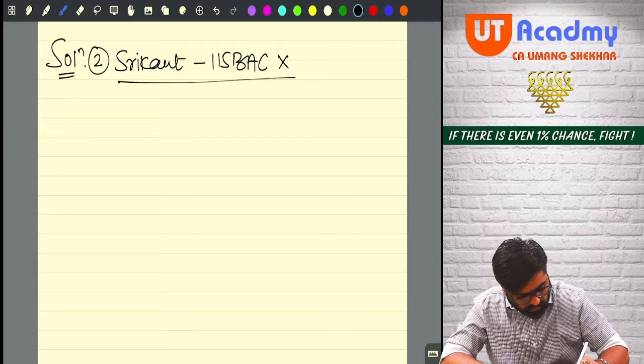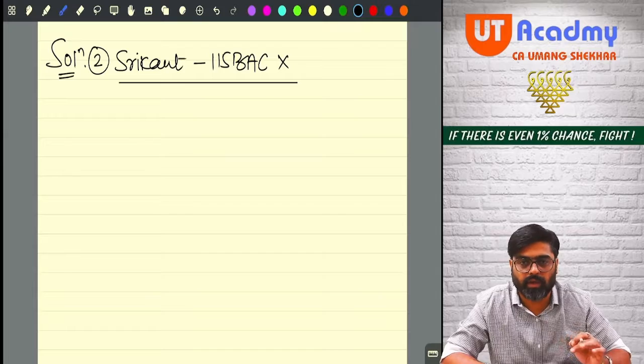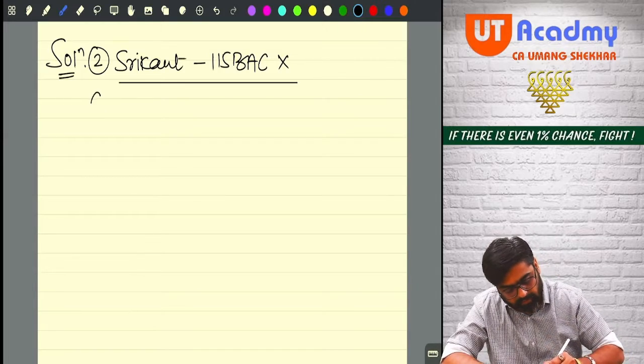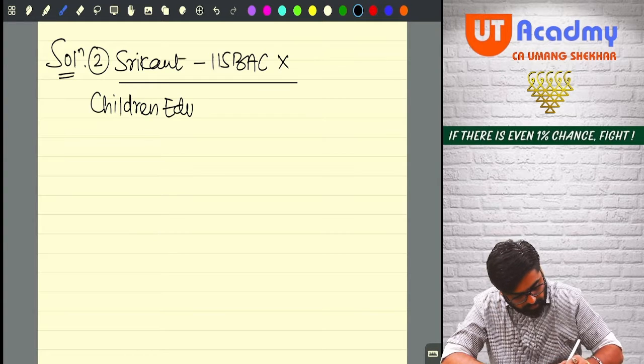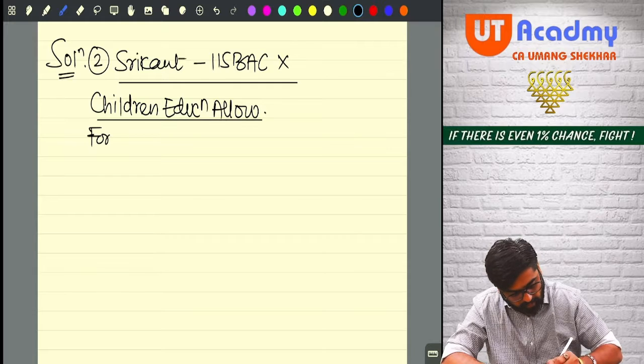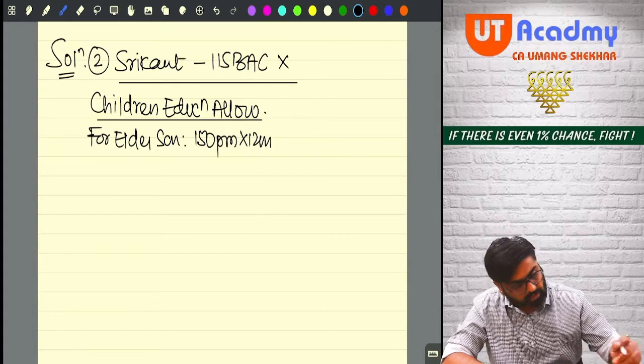Okay. Now tell me, he is receiving which allowance first? Children education allowance. So children education allowance, how much is he getting? For the first child, the elder son, he is receiving 150 per month for 12 months.